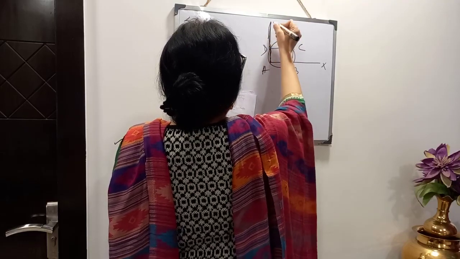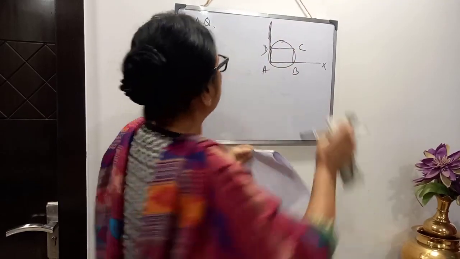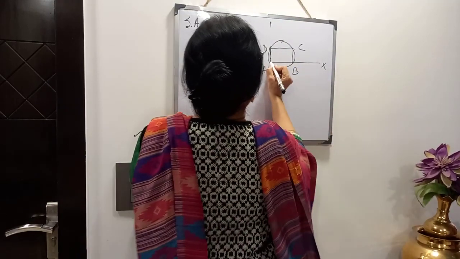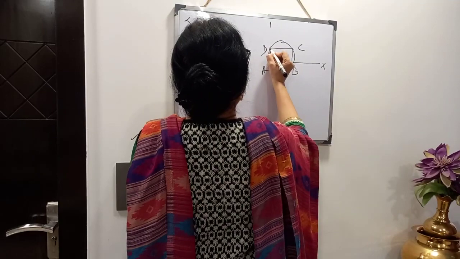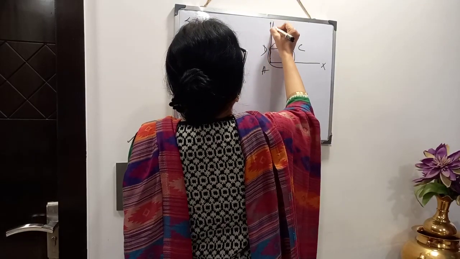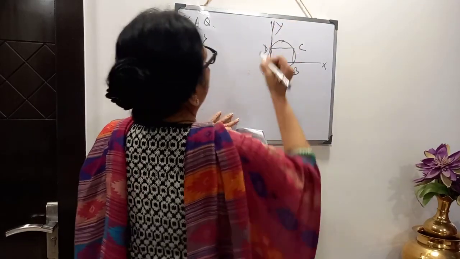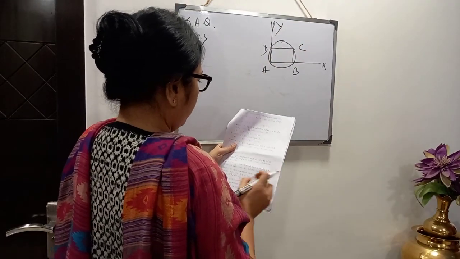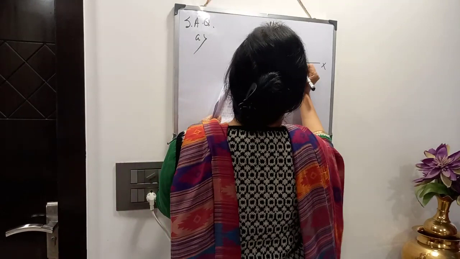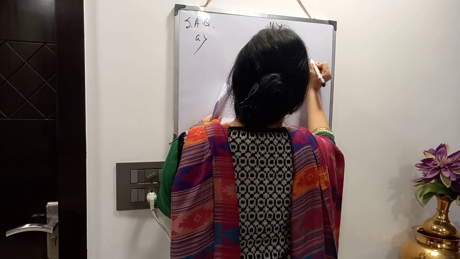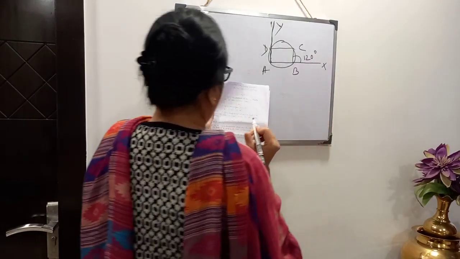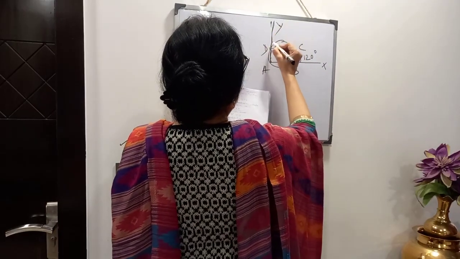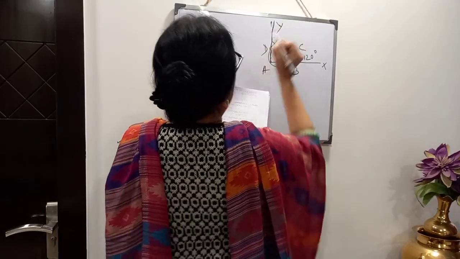And the value of CBX, that means this, is given as 120 degrees. You have to calculate the value of CDY. CDY, this you have to calculate.